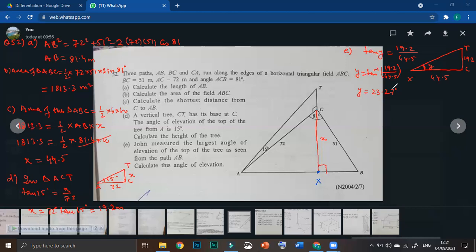The second important step is about the greatest angle of elevation of the top of the tree or pole from a given path. The method is, we will draw a perpendicular from the base of the tower to the path, and from that point we will find the greatest angle of elevation of the tree or the tower. This is all about the application of trigonometry in 3 dimensions.